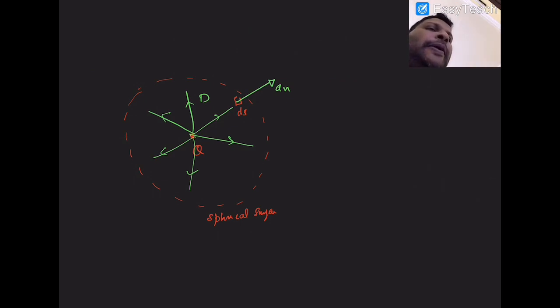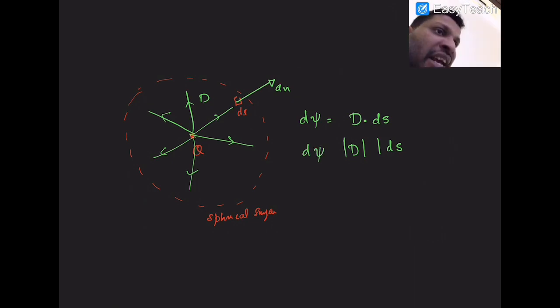Now what will be that D dot ds? The D dot ds will be the magnitude of D into the magnitude of ds. So this will be the small flux through that area. So d phi is the small flux through that area, which is given as the magnitude of D into the magnitude of ds and into the cosine of the angle between them.